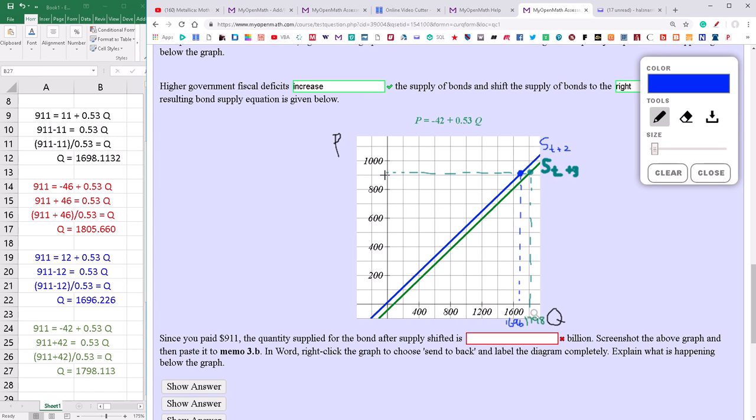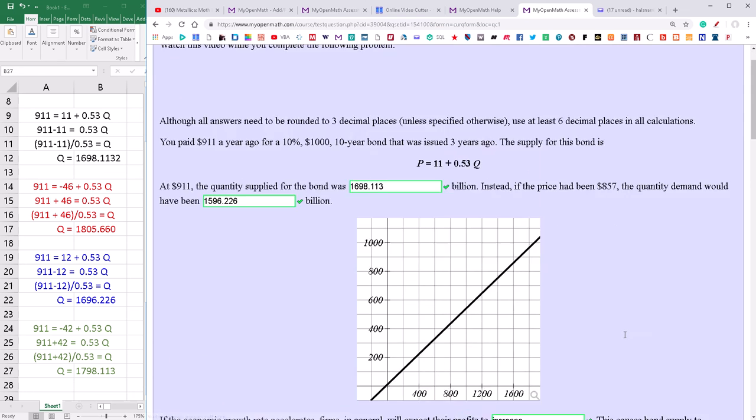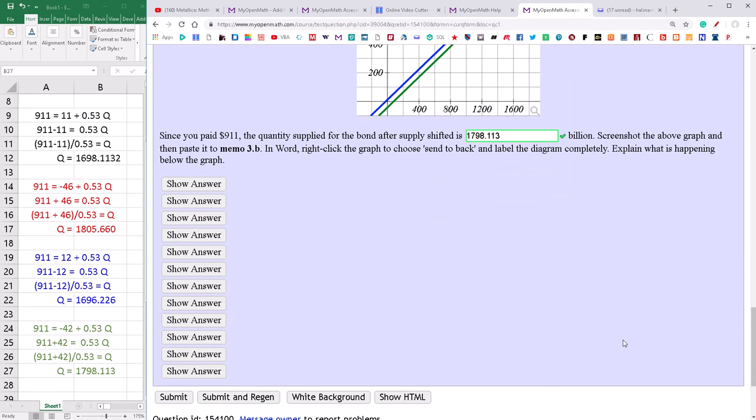If we hold prices constant at 911, then the quantity supplied is going to increase from 1696 to 1798. I'll close this out, and we'll type in the value of the new bonds, the quantity of bonds, and then we should have everything correct. Yep. So that's question 2 of homework 3B.